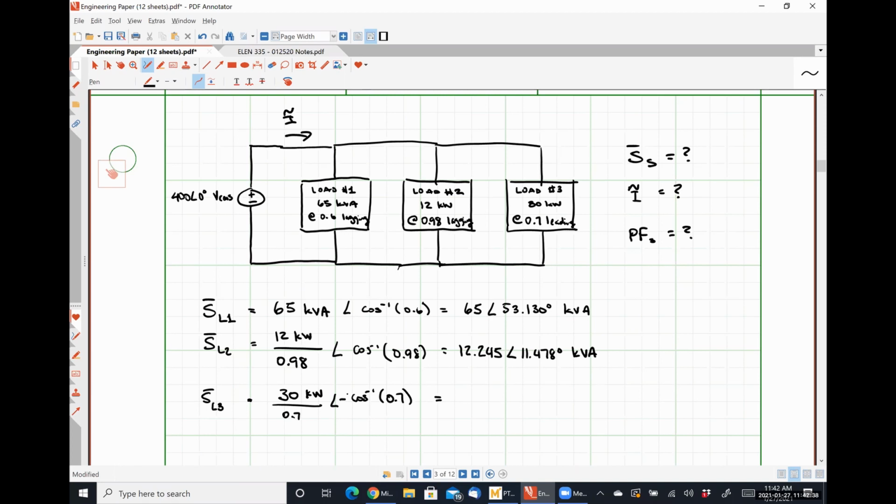So from this, we're going to get 30 over 0.7 with an angle of negative inverse cosine of 0.7, which is 42.857 with an angle of negative 45.573 degrees kVA.